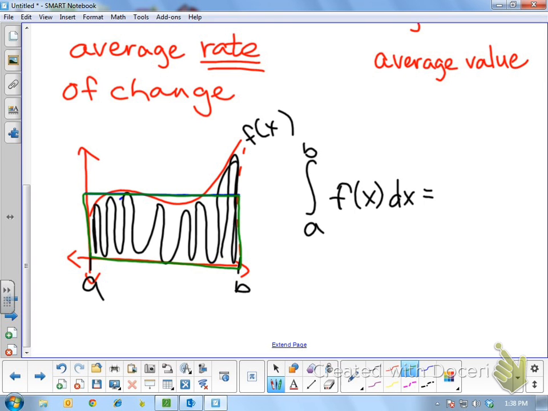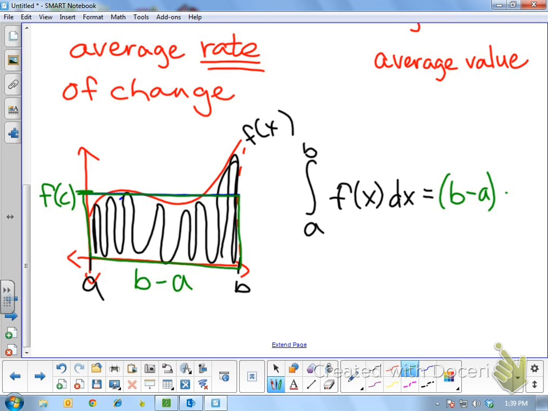And what would the length of that side be? Assume that that A is not at 0. I should have put it B minus A. So this side is B minus A. So we know the instantaneous area would be B minus A times something, times some y value here. So we're going to call this y value f of c.